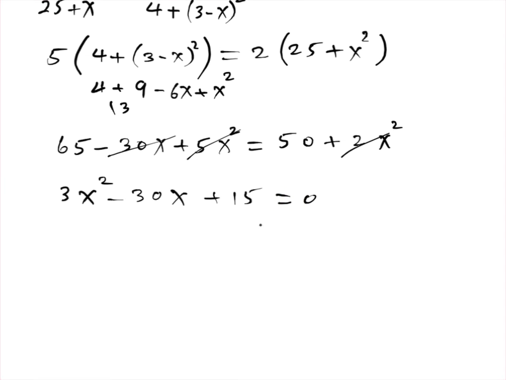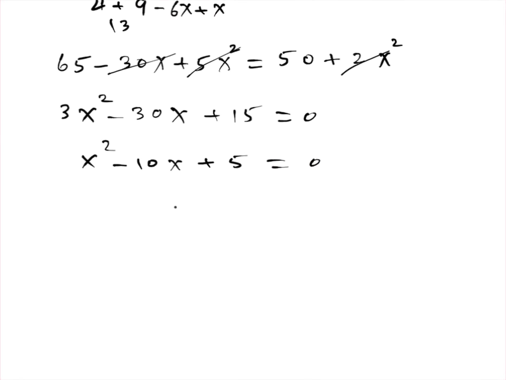And now you solve this quadratic equation. Again, you simplify one more time, divide by 3. So you get x squared minus 10x plus 5, and that's equal to 0.